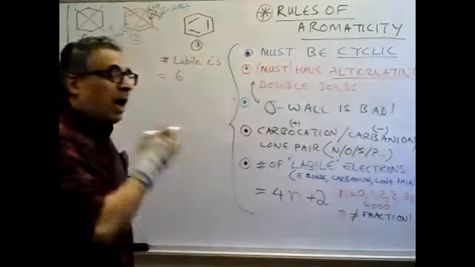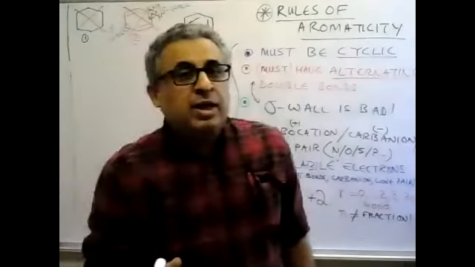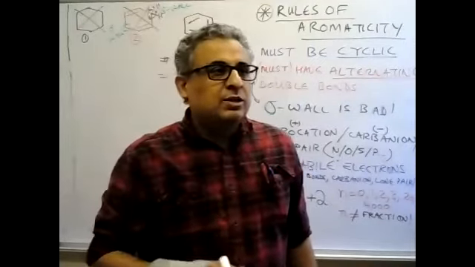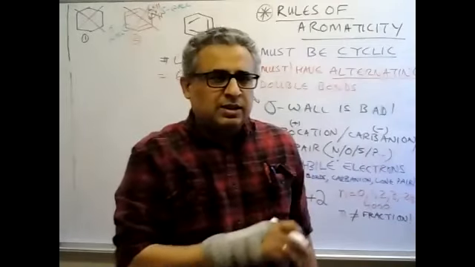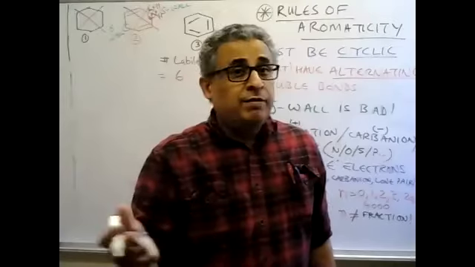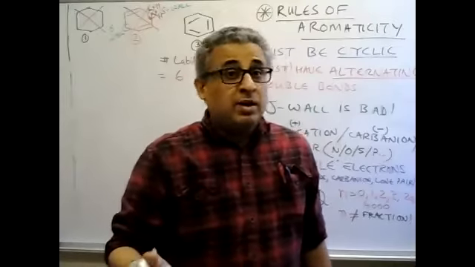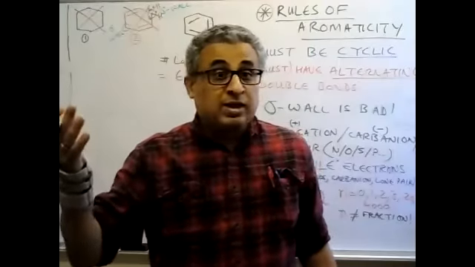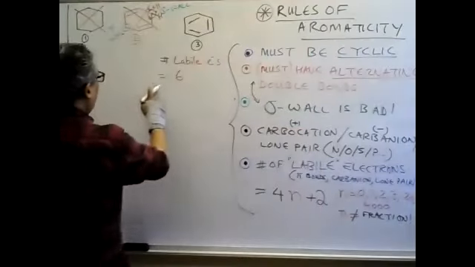So I used to teach it in a certain way, and then a student in the past, I don't remember who that student was, a lady student, suggested, Dr. Maitra, how about we solve the problem and find out the value of n? And if it is a whole number, it's aromatic. If it is not a whole number, it's not aromatic. I said, sounds like a great idea. So let's solve the problem.